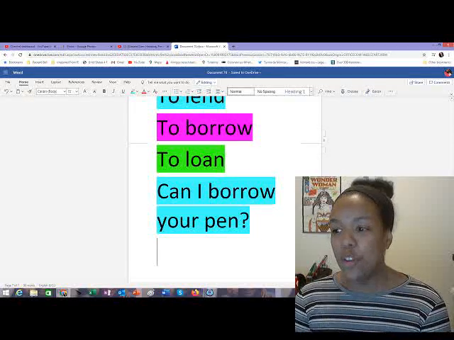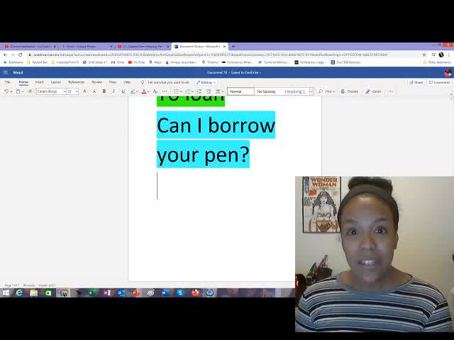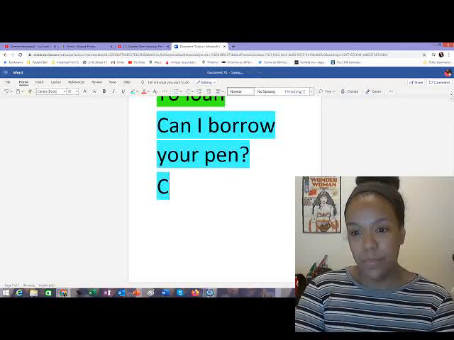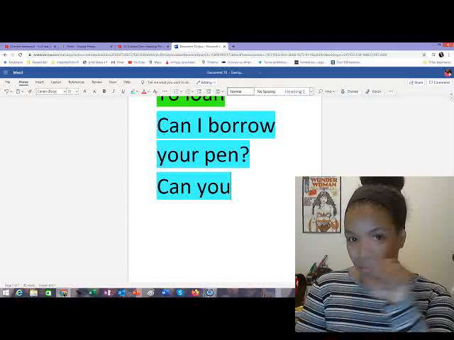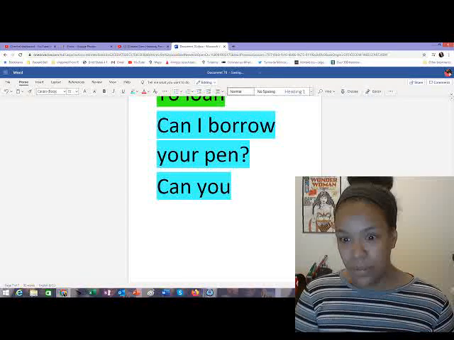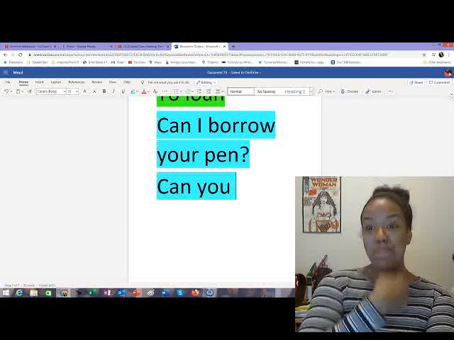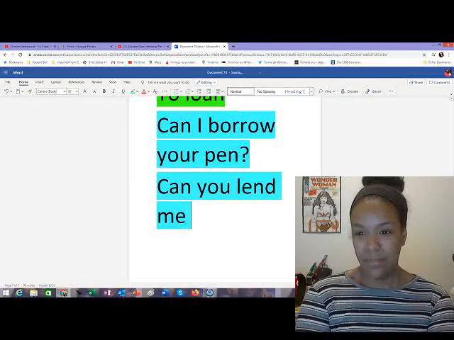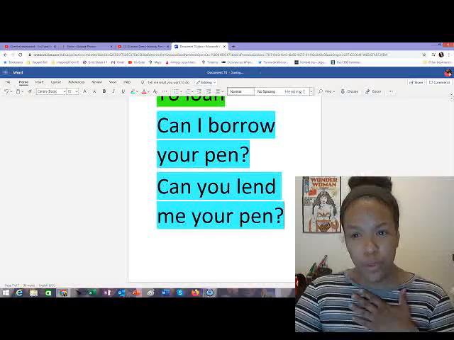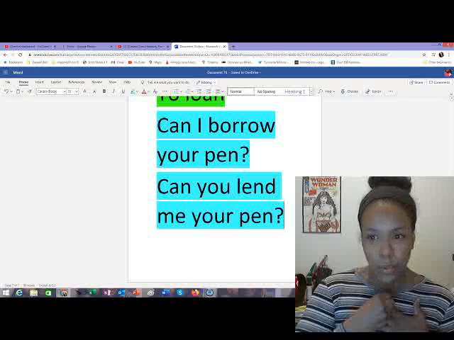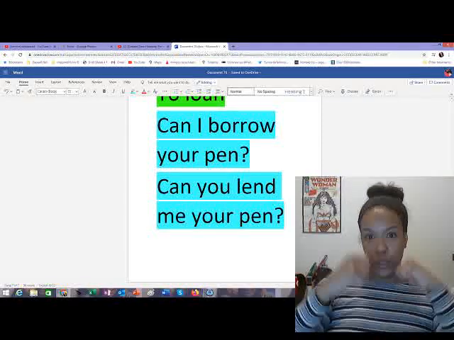If instead of using the verb borrow, I use the verb to lend, I have to change that pronoun over there, because then it will be, can you lend me your pen? Can I borrow your pen? So I am going to borrow it from you. Can you lend your pen to me?